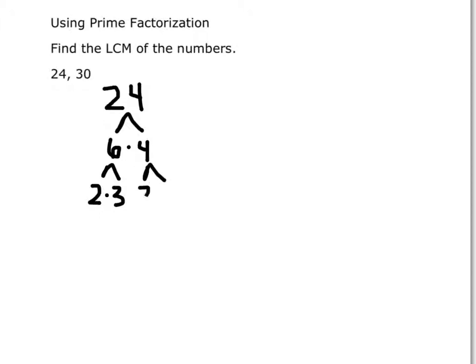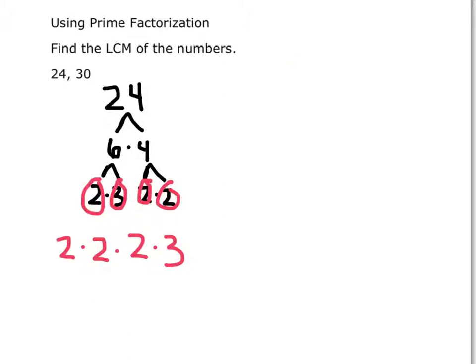And right there, 4, 2 times 2, both of those are prime, so I can stop there. So those are all the prime factors of 24, so I'm going to have 2 times 2 times 2 times 3. Okay, that's your prime factorization of 24.